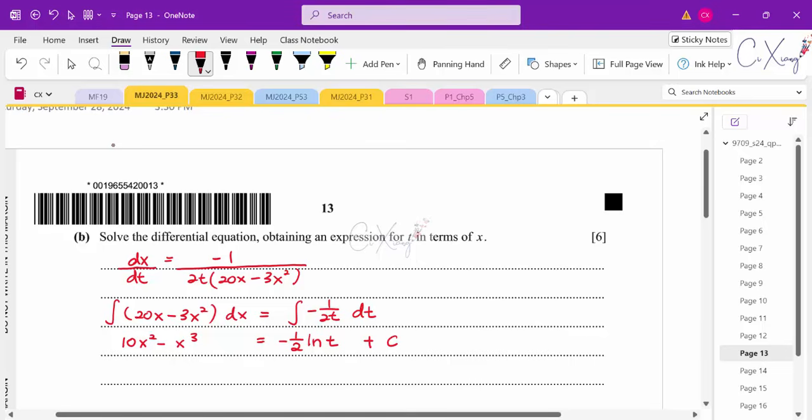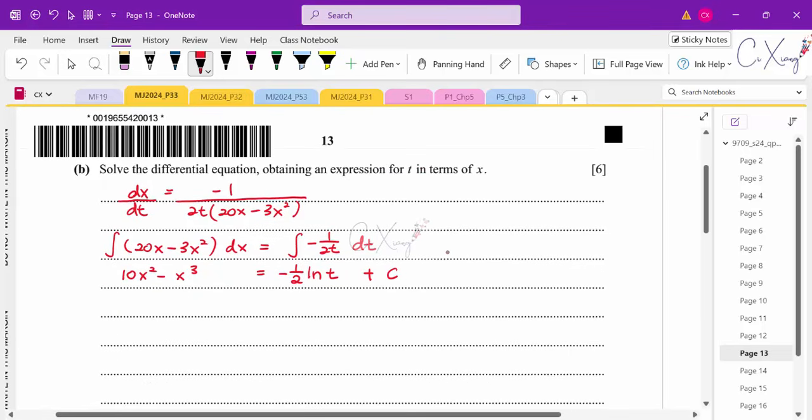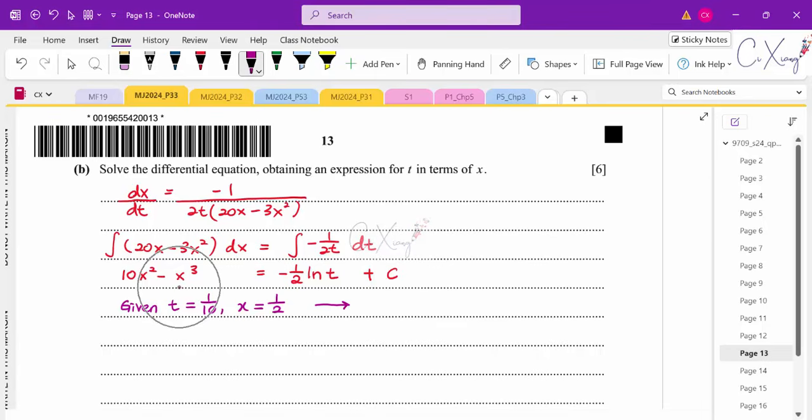Okay, then now I try to find out the value for c first before I can express t in terms of x. So to find out the c, I use back the value given just now. It is given that t equals 1/10, and then x equals half. So what do I get after I substitute the values? So substitute half here for this whole part.